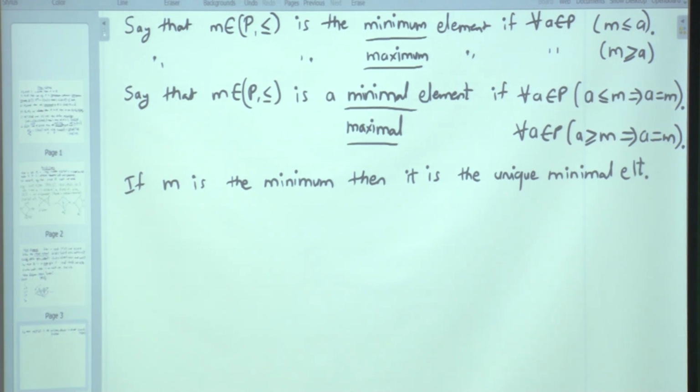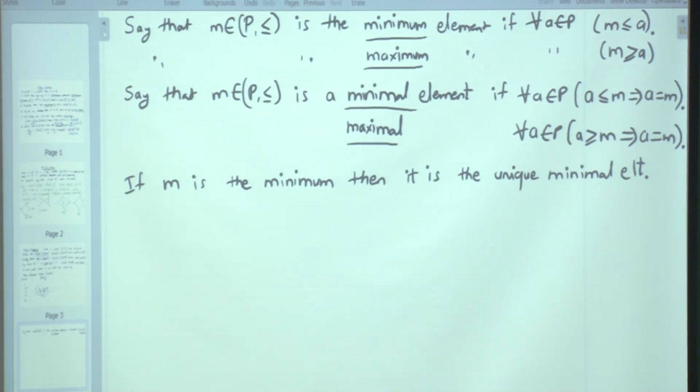Right? It is the unique minimal element. There may or may not exist any minimum or minimal elements. And if M is the maximum, then it is the unique maximal element.